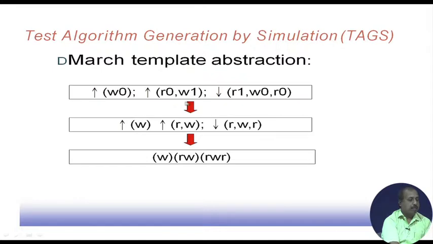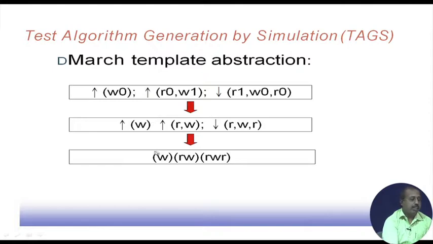So I can abstract it like this: this is a write operation, this is a read followed by write, this is read followed by write followed by read. Then we can also drop these up arrows and down arrows, and say, okay, this is the template. Now, if we can generate this type of templates, forget about the first two rows that we have here, we just concentrate on the last one.